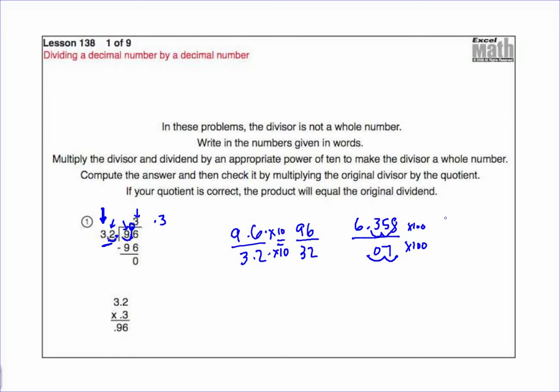And so I end up with 635.8, because I moved the decimal point over 2 spots, divided by 7. Now this number is no longer a decimal. It doesn't matter if this number is a decimal, because when I do the division like right here, I just move the decimal point straight up into my answer. But we don't know what to do with it when it's over here in the divisor. They checked it right here, and it comes out to be the same as what we started with.